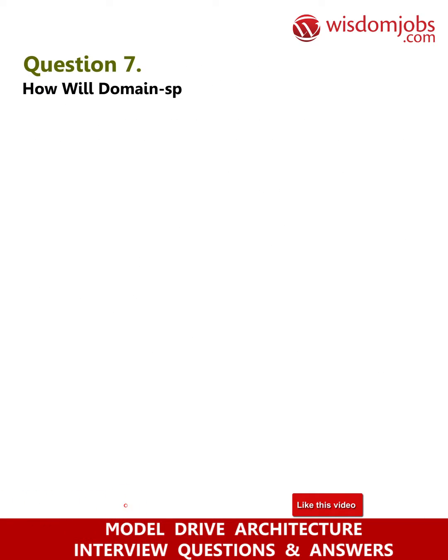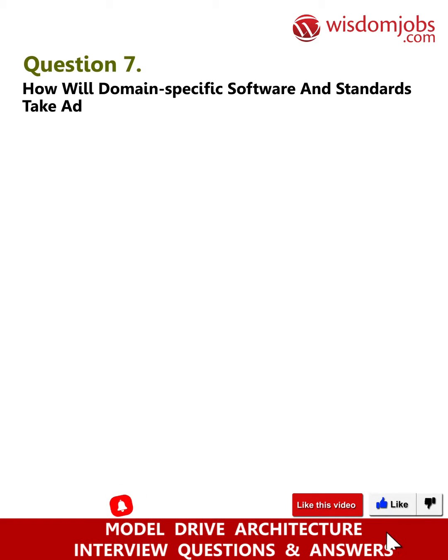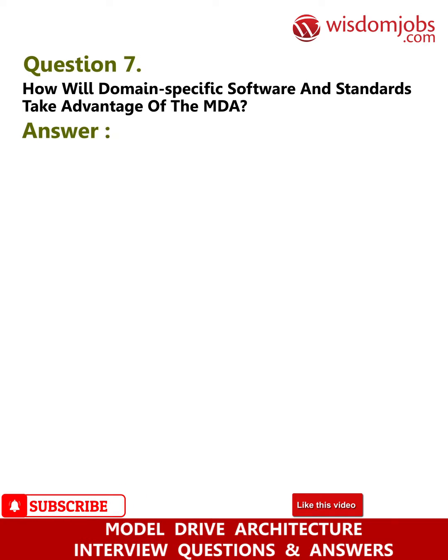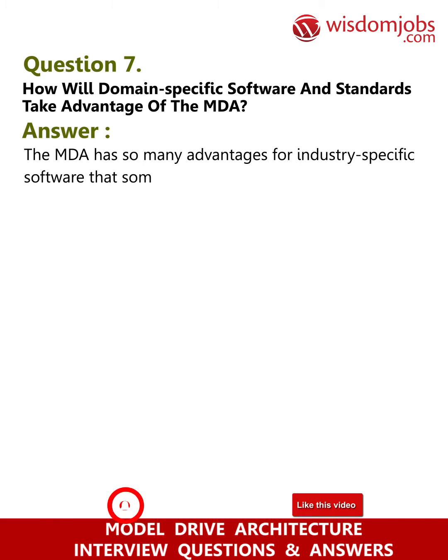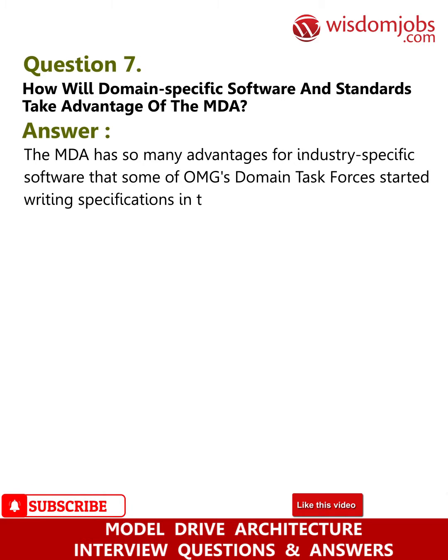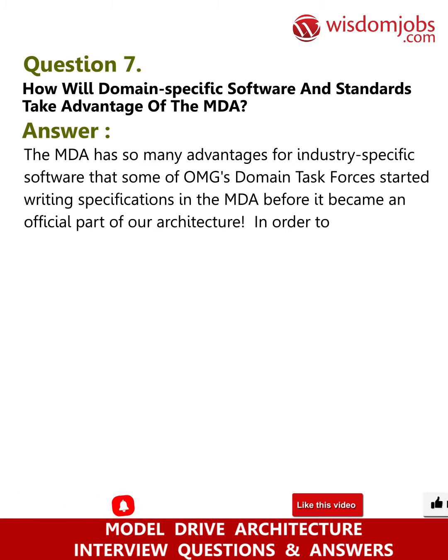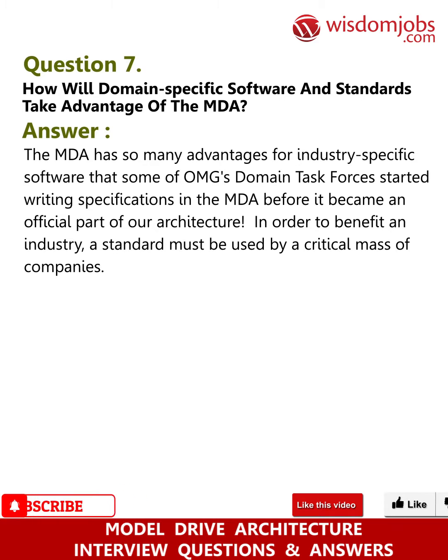Question 7. How will domain-specific software and standards take advantage of the MDA? Answer. The MDA has so many advantages for industry-specific software that some of OMG's domain task forces started writing specifications in the MDA before it became an official part of our architecture. In order to benefit an industry, a standard must be used by a critical mass of companies.